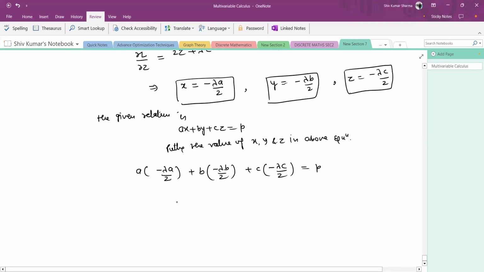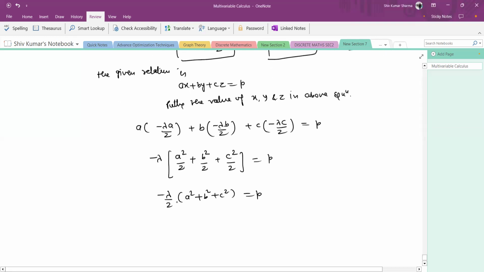So here we see that minus lambda we can take as common from all three terms. So first term you can write down as a square upon 2 plus b square upon 2 plus c square upon 2 is equal to p. So we also taken common as 2. So we write down as a square plus b square plus c square is equal to p.